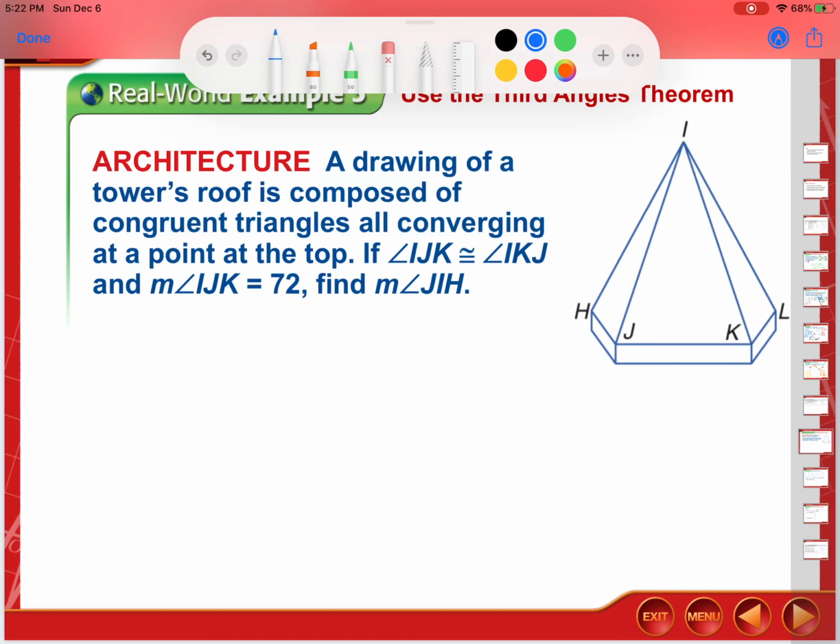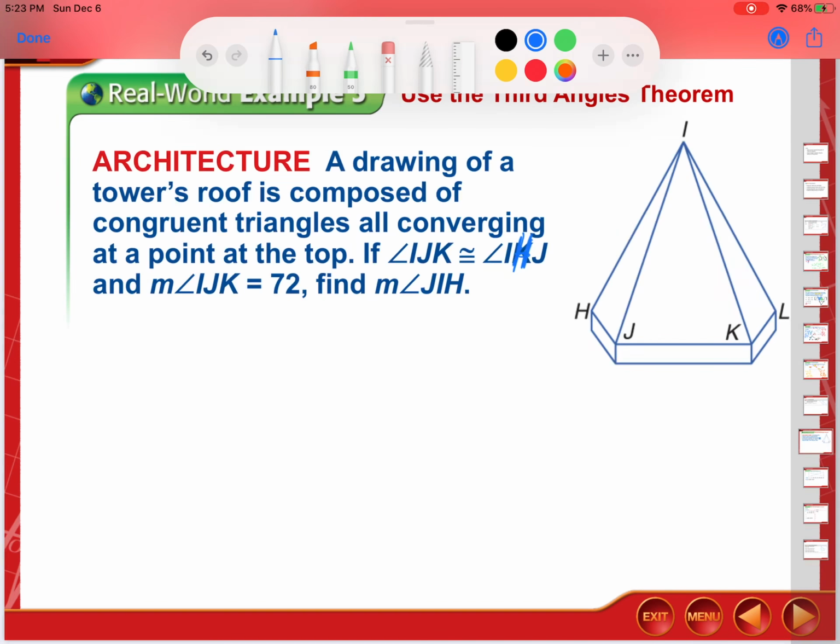Getting towards the end. So this one's a little funky. We're going to skip it for now because I made a mistake when I was setting up this PowerPoint. It says IJK is the same as IK, or IJK is the same as IKJ. Well, that would be the same triangle. Or no, IJK is congruent to IKJ.